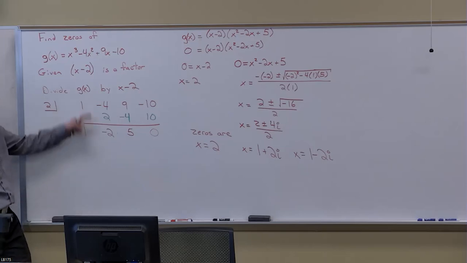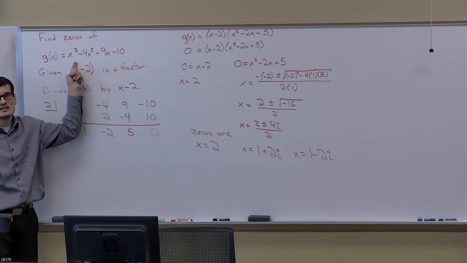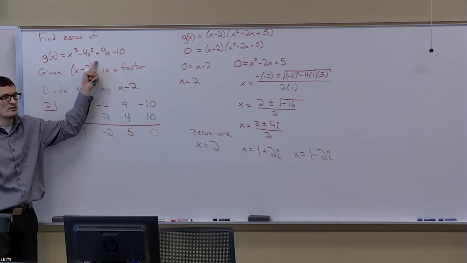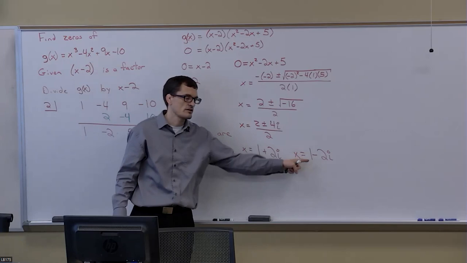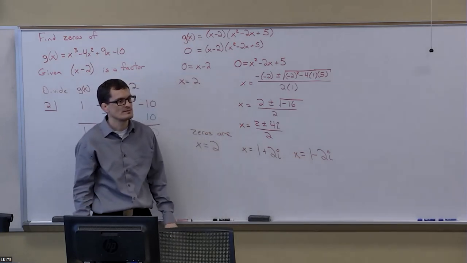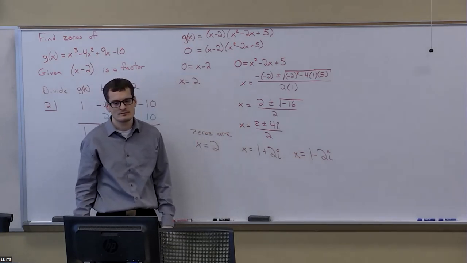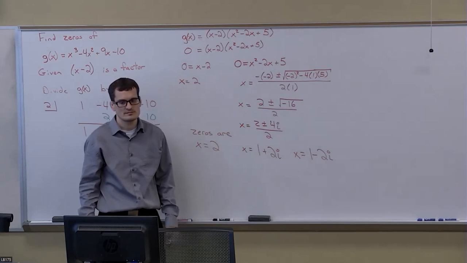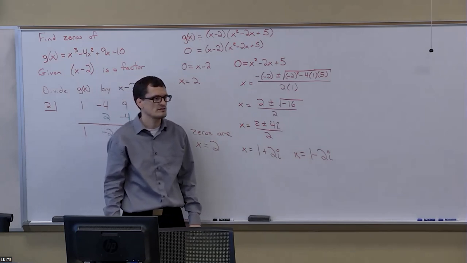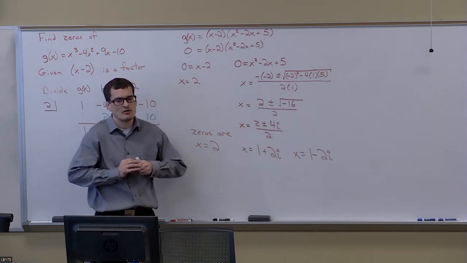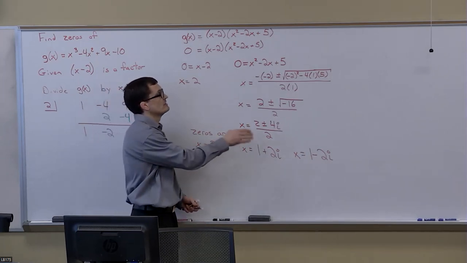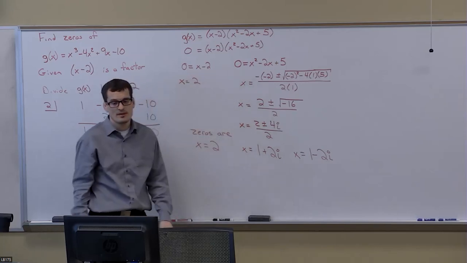Since our function originally had real numbers as coefficients, those complex zeros occurred in conjugate pairs: 1 plus 2i and 1 minus 2i. So those are the 3 zeros of this one.